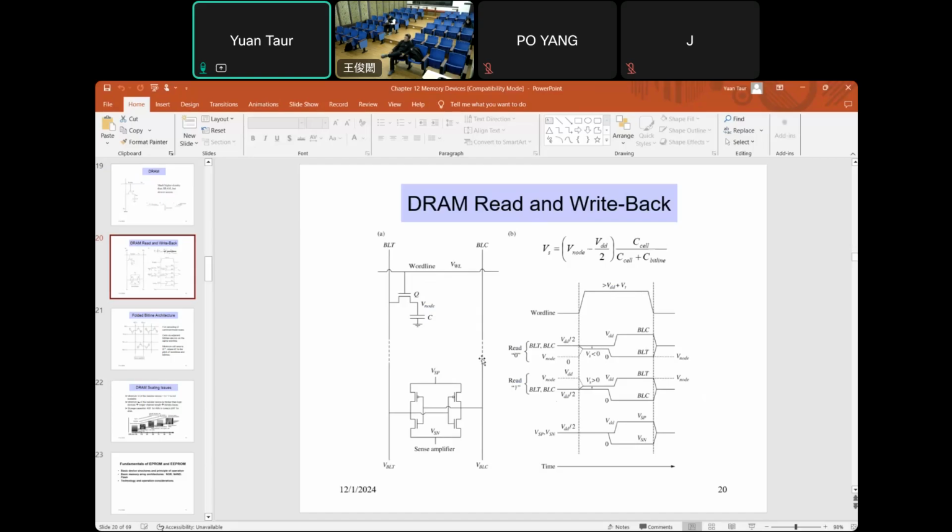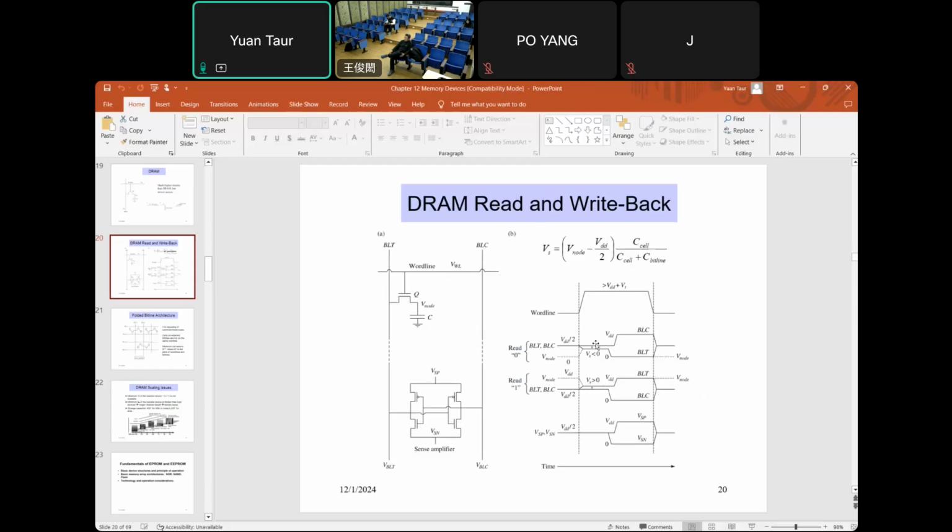Now, if it's 1, that means V node is VDD before it's open. So if we open, then BLT will go up from VDD over 2. This side is VDD, so it will go up above VDD over 2.